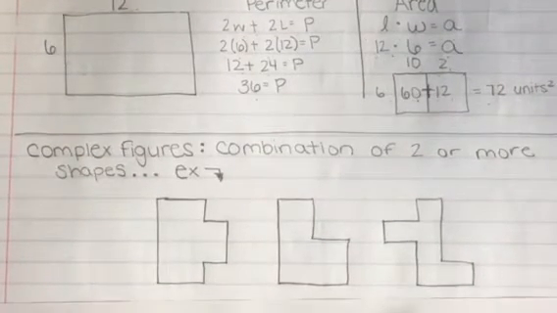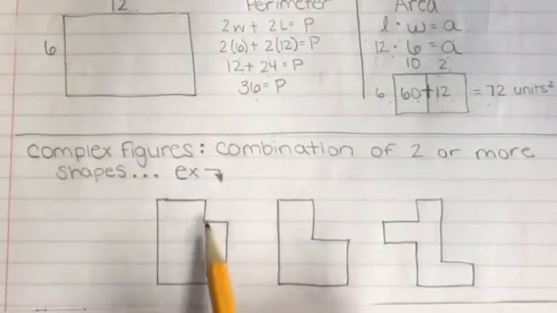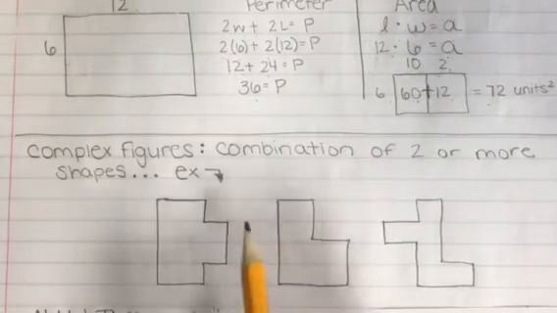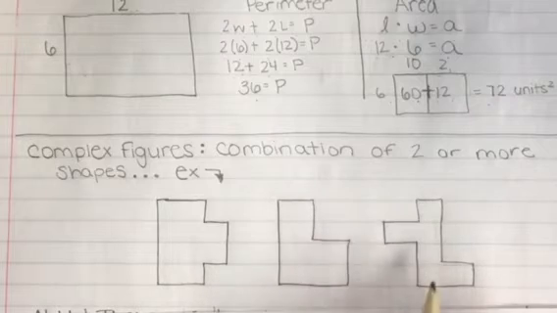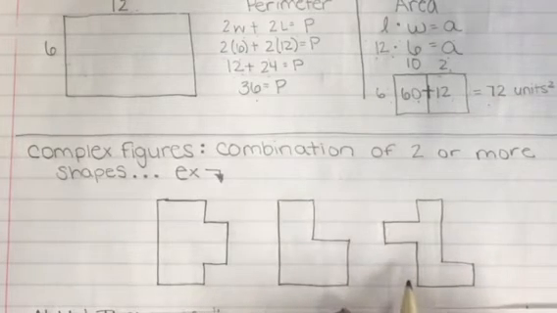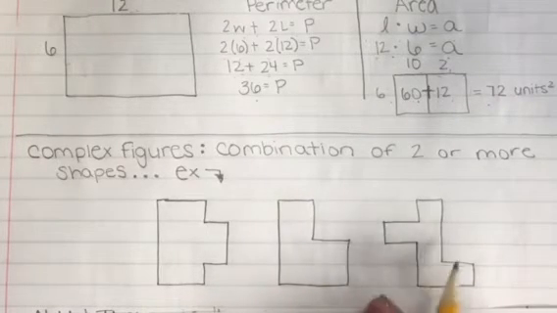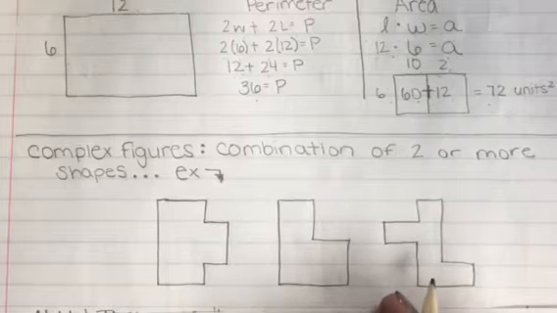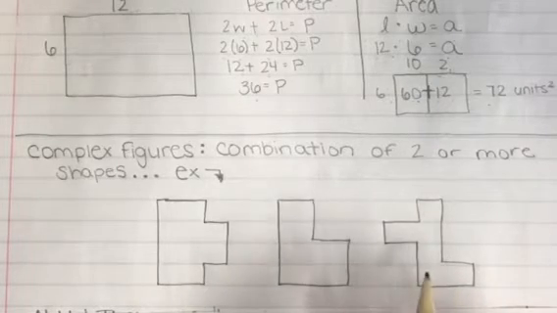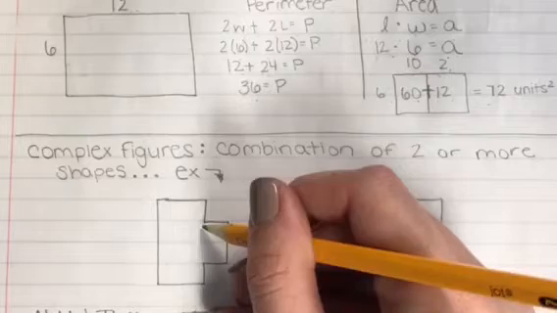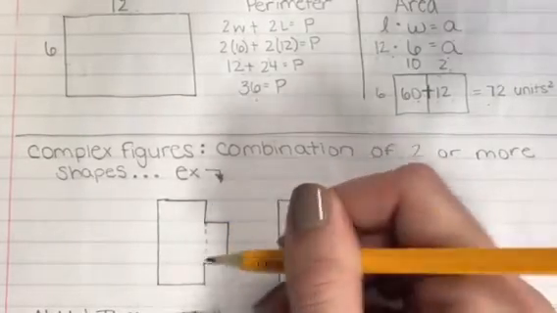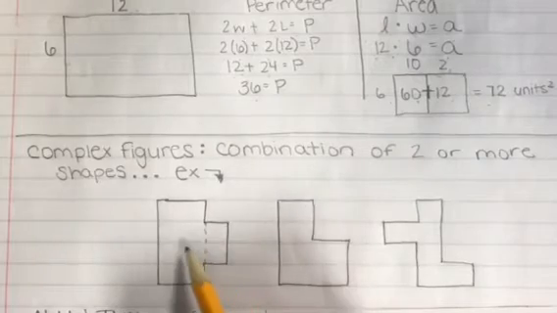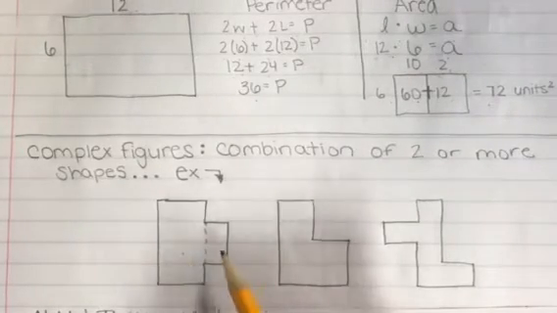As you can see, we've got some shapes that have little bump outs on them, maybe an L or whatever this crazy looking T is. But really, all this is two or more shapes that have been put together. See, watch. If I were to draw an imaginary line right here, this shape is just a rectangle and a rectangle put together.